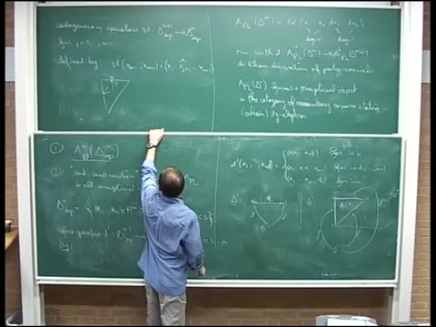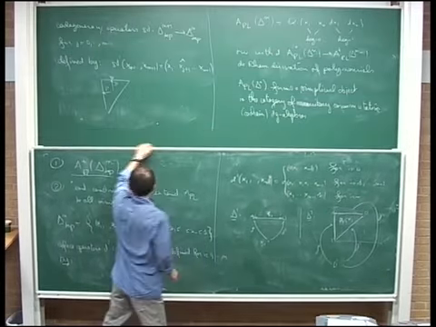So to get a good object, to get a good extension of this object to simplicial sets, you need two features. So this is a proposition.